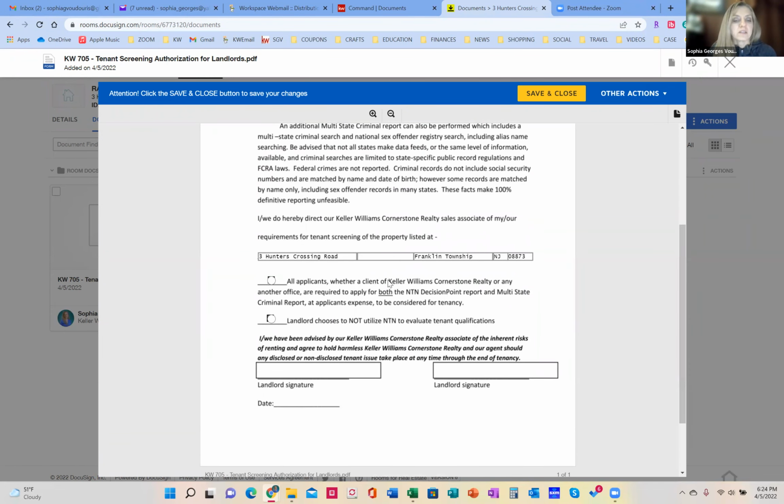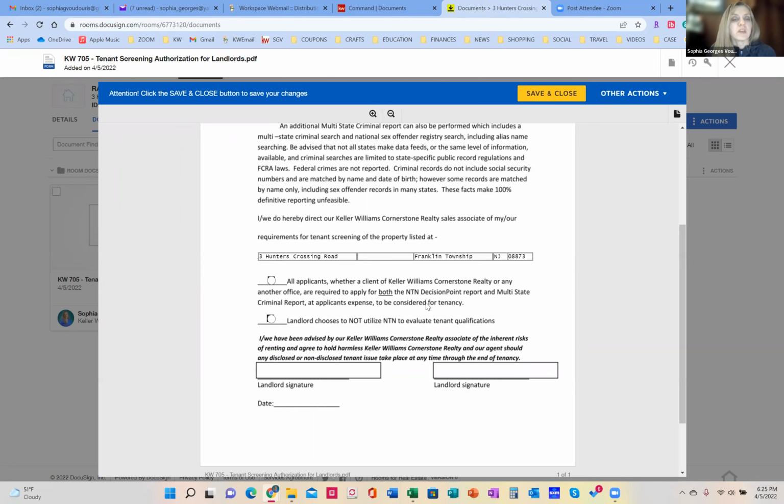All applicants, whether a client of Keller Williams or any office, are required to apply for both decision point and multi-state criminal report at the applicant's expense to be considered for tenancy. So you're running decision point, which, like I said, is income and credit. And then the second part is the criminal report. And it's $40 per person, 18 years old and above.